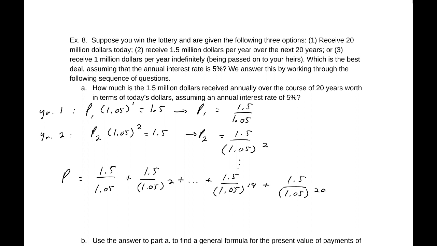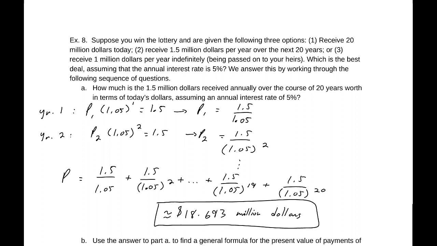So the present value at this point, given the interest rate of 5%, is the sum of all of this, which is $18.693 million. Okay, so that's how much it's worth over the course of the 20 years, getting 1.5 million each year.